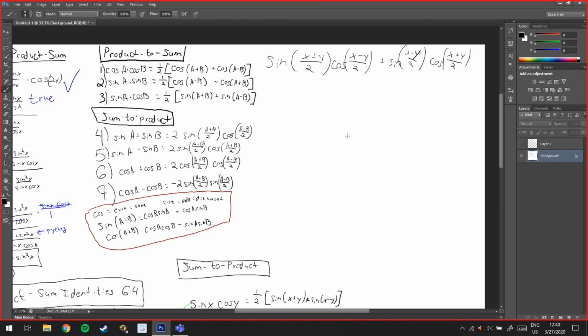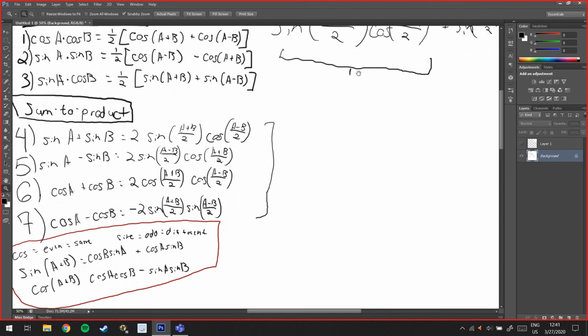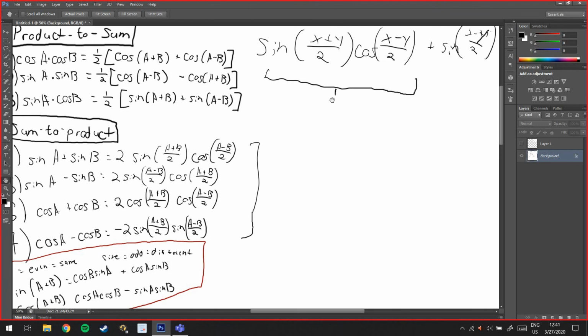Do these look kind of familiar? Which numbers over here do these look familiar to? So this first one looks most like sine A plus B and then cosine, so it looks like number 4, except I'm missing a 2 in front.